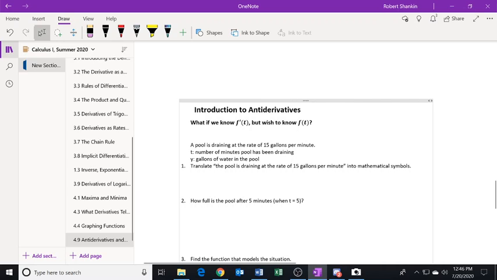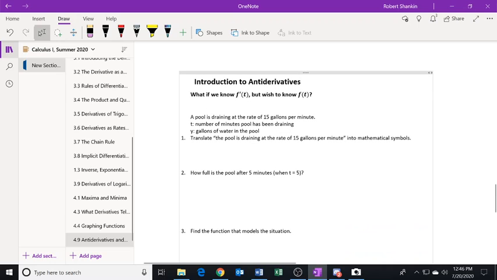So the problem that leads into this is a pool. A pool is draining at the rate of 15 gallons per minute. T is the number of minutes the pool's been draining. Y is the gallons of water in the pool.